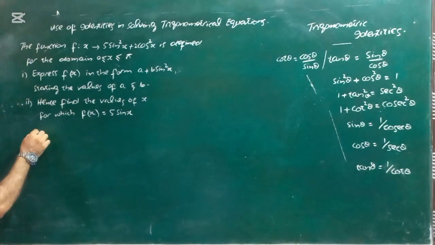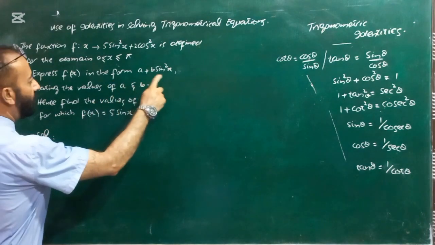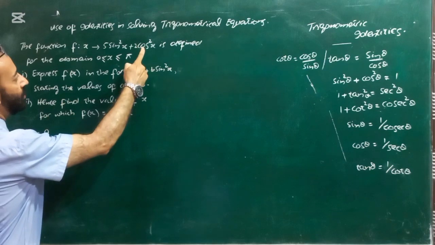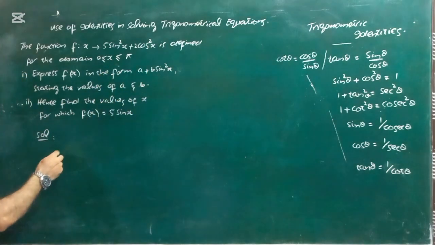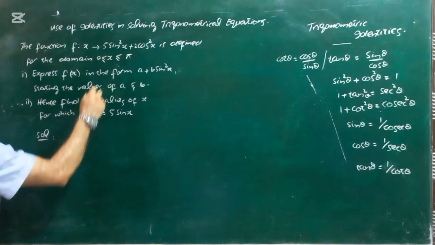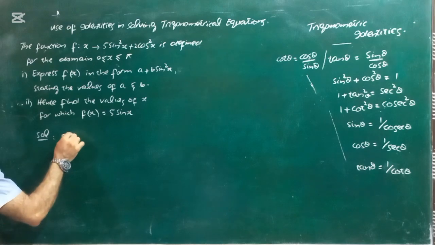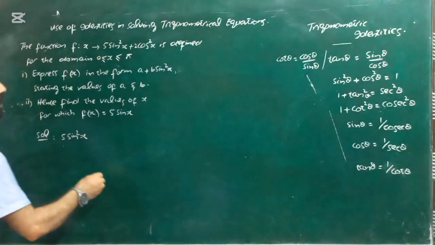So look now, the required thing is only in sine, so we have to convert this cos square into sine. So the thing is 5 sine square x plus 2 cos square x.